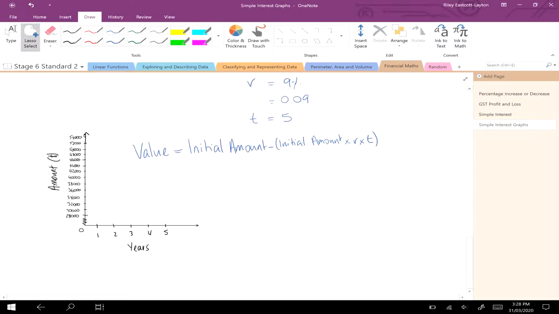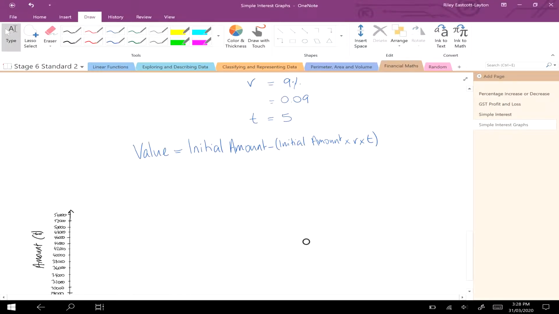So our value is the initial amount, it was a $53,000 tractor, take away $53,000 times by 0.09 for our rate, times by 5 years. When you put that in your calculator, 53,000, take away bracket 53,000 times by 0.09 times by 5, you get an answer of $29,150.